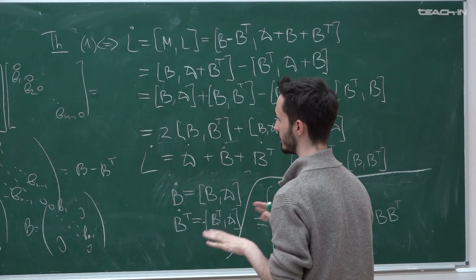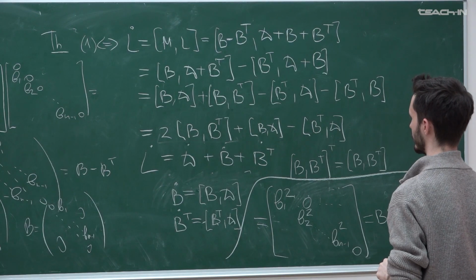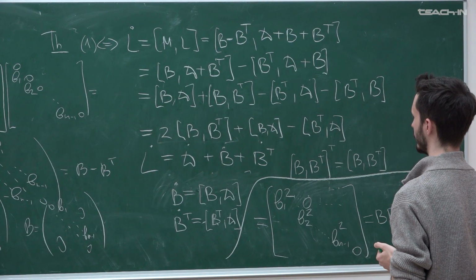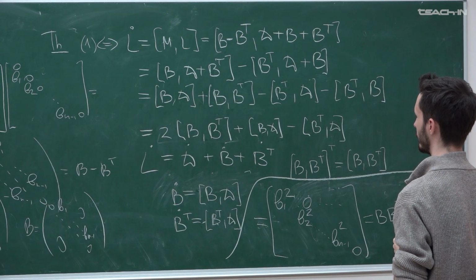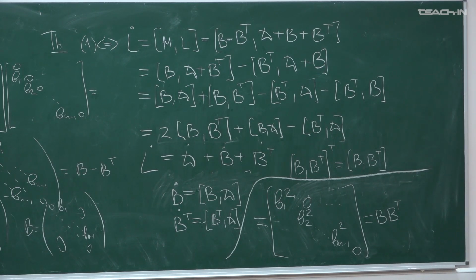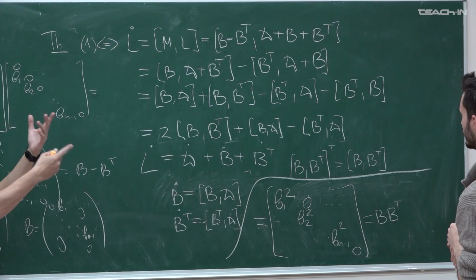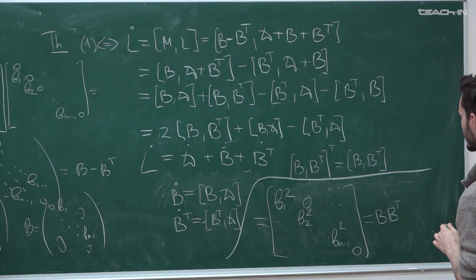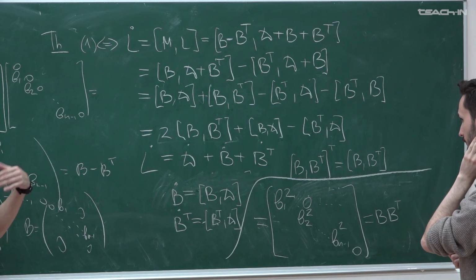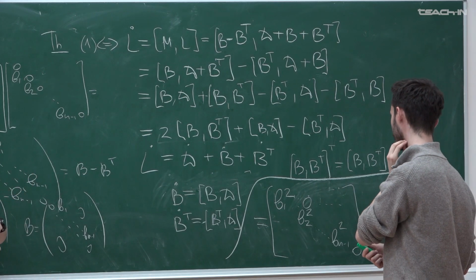Because this matrix acts like a lowering operator, just a shift on the basis vectors, multiplying by some constants but lowering the index. And this acts by addition by one on the index.